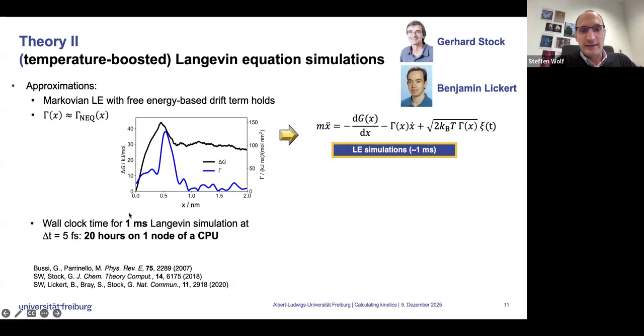So for the calculation of 1 microsecond, we can go up to a time step of 5 femtoseconds under these conditions. And we can then calculate 1 millisecond within just 20 hours on a standalone PC, which is significantly better than molecular dynamics simulations. However, this is still far away from the seconds or minutes or hour range that we're interested in.